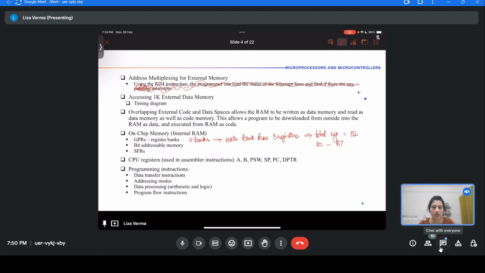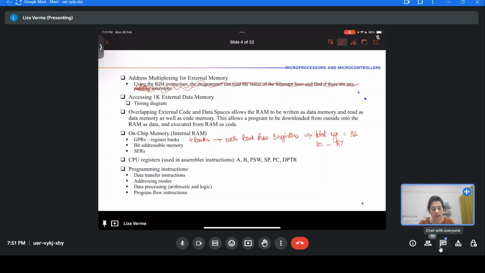So does it make sense to have 32 different instructions, 32 different names, so that the system understands which location we are talking about? No, right? So that is why the register banks were created, and all the registers in the register banks were named similarly, R0 to R7, so that you can select a register bank out of these four.